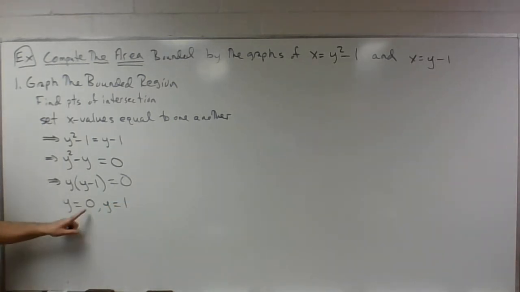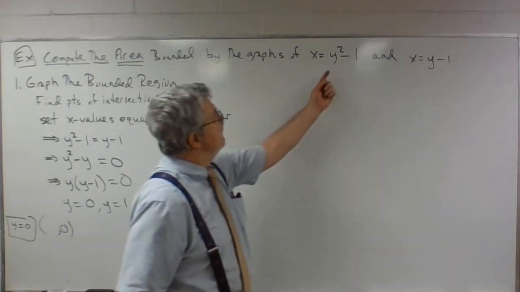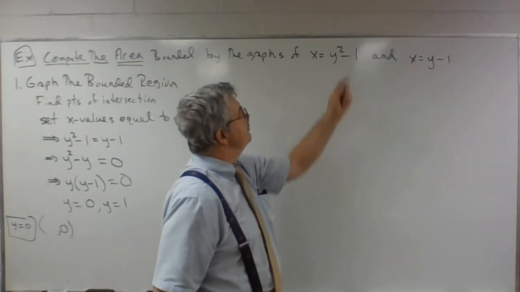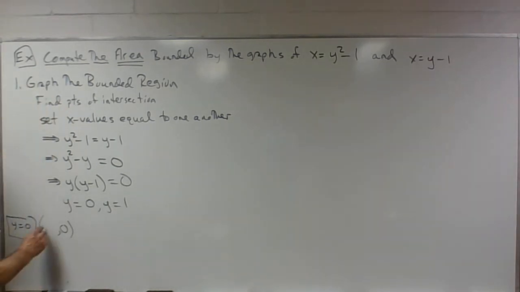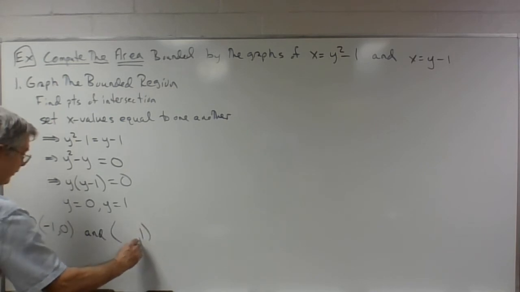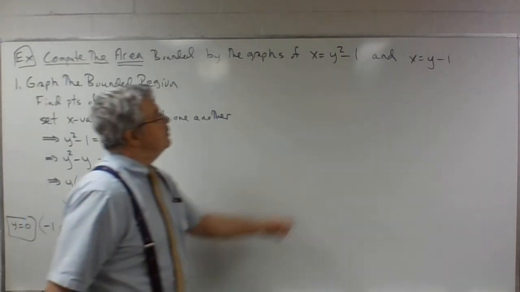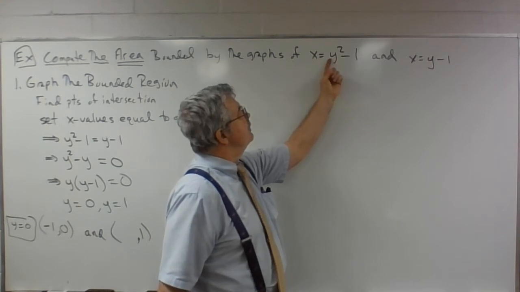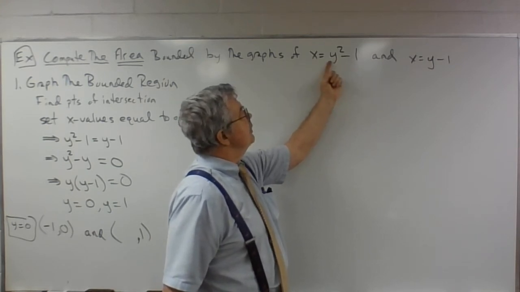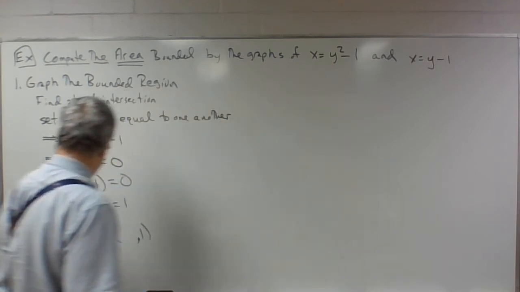So at our points of intersection, y is 0 or y will be 1. When y equals 0, x equals -1. And when y equals 1, we have 1 squared minus 1 is 0. So when y equals 1, x is 0.